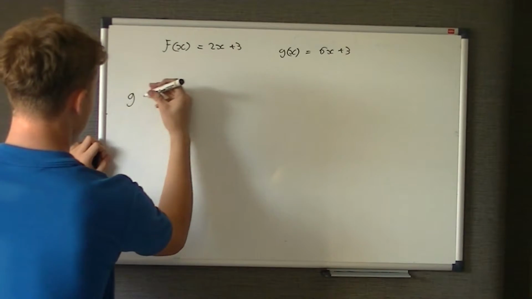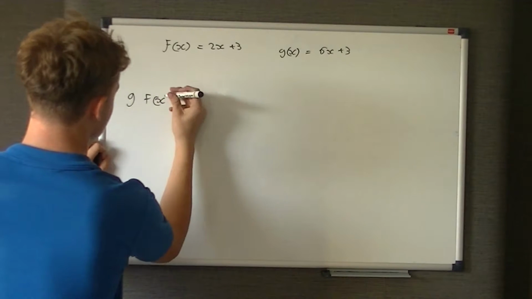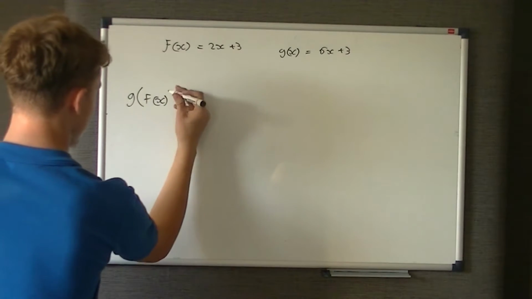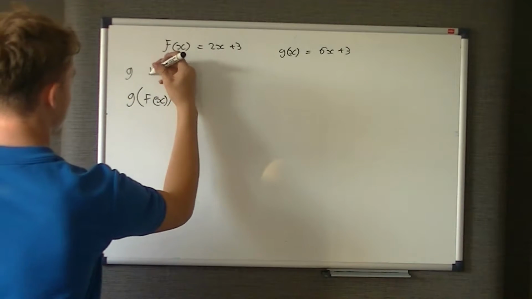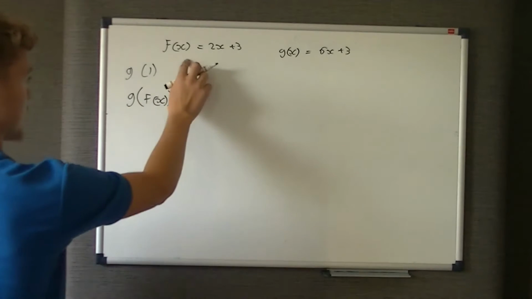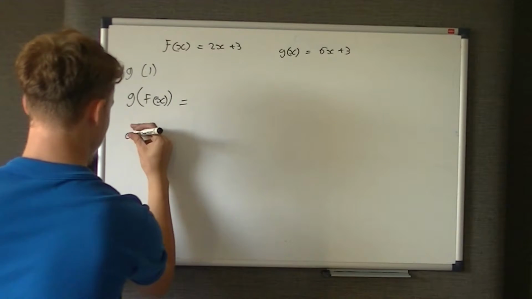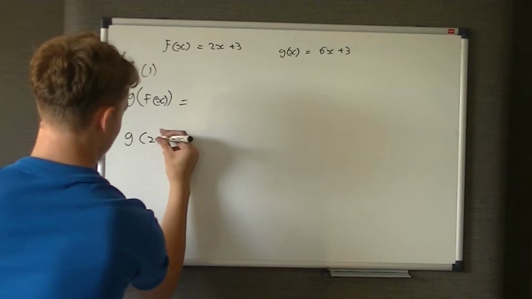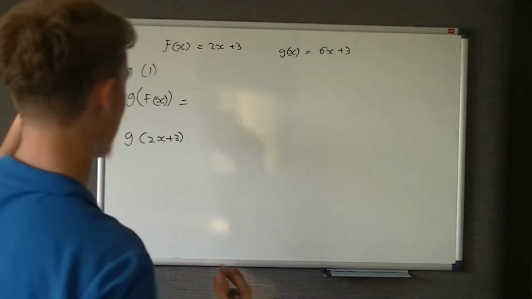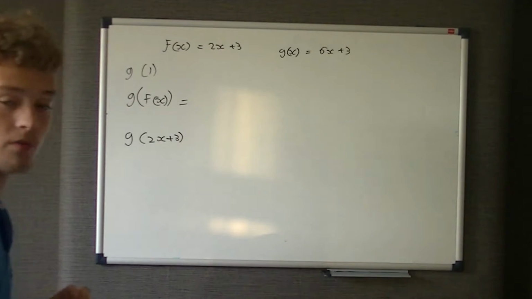We've got gf of x, and we'll say, find gf of x. Now, what this actually means is, instead of g of 1, it's g of f of x, the function f of x, which equals 2x plus 3. So it's putting the function of x into every x of this other formula.